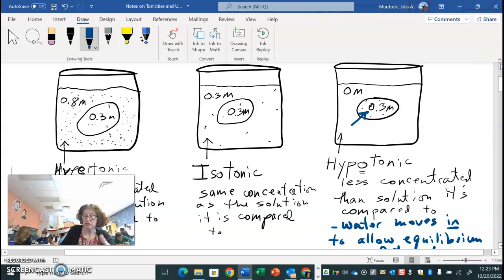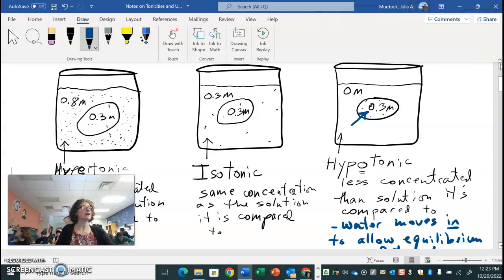All right, in the isotonic situation, what's going to be the water movement? What do you think? There won't be any net movement, right? So no net movement of water, but you will have something called dynamic equilibrium, where the water will move both ways equally.